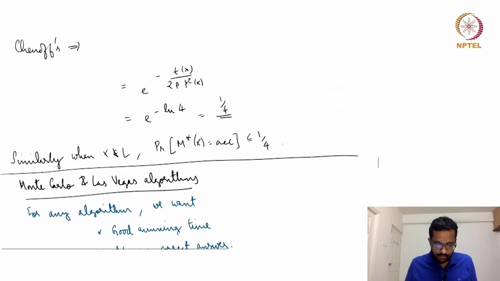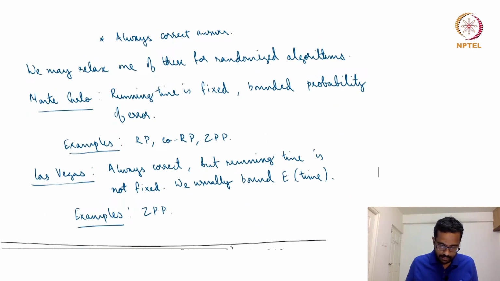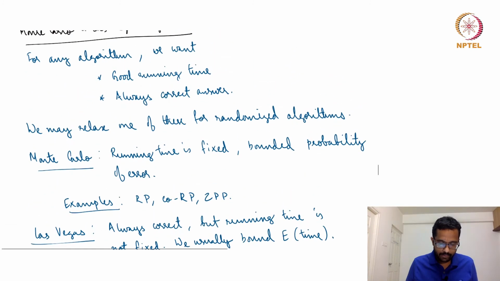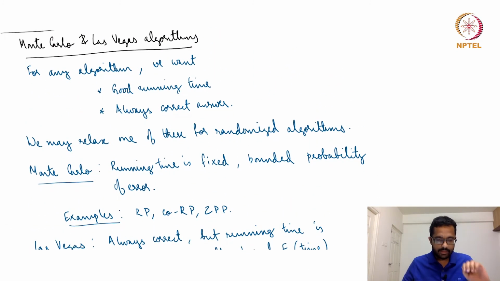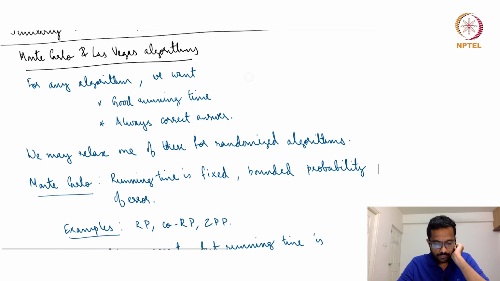And I will conclude this lecture by saying one point about what are called Monte Carlo and Las Vegas algorithms. Monte Carlo and Las Vegas are two cities.